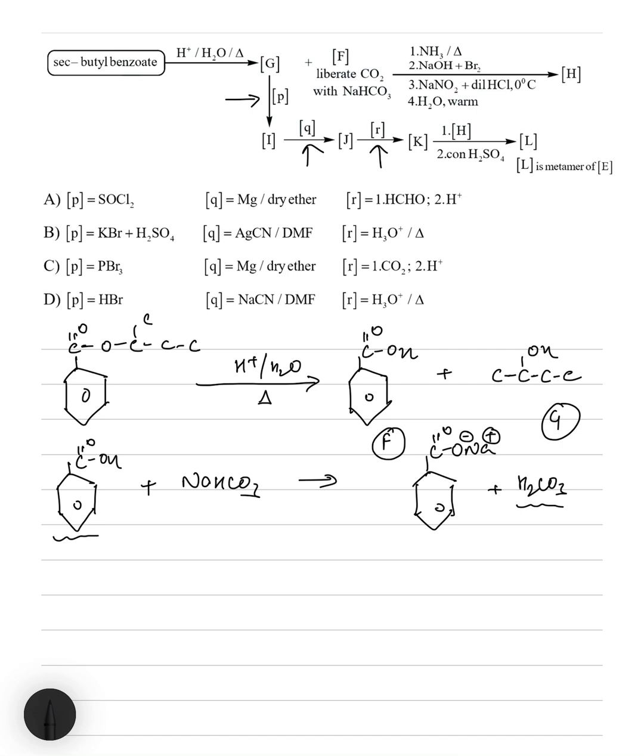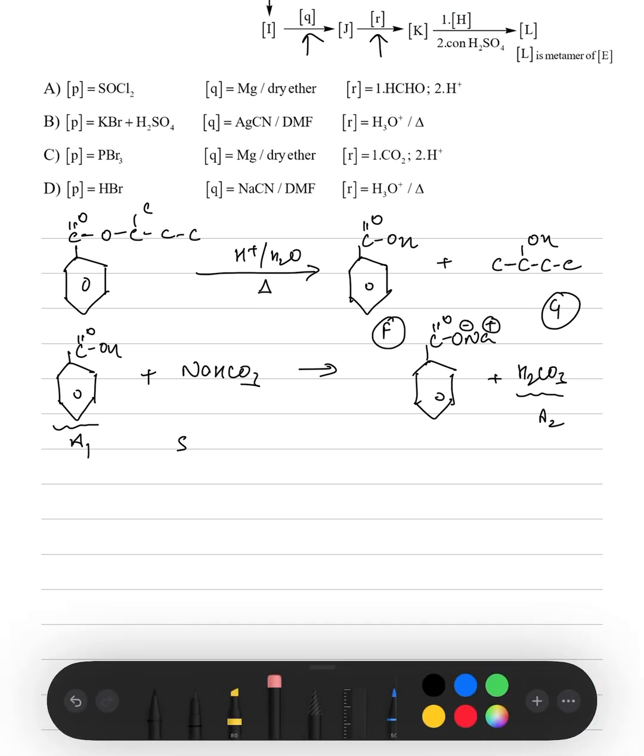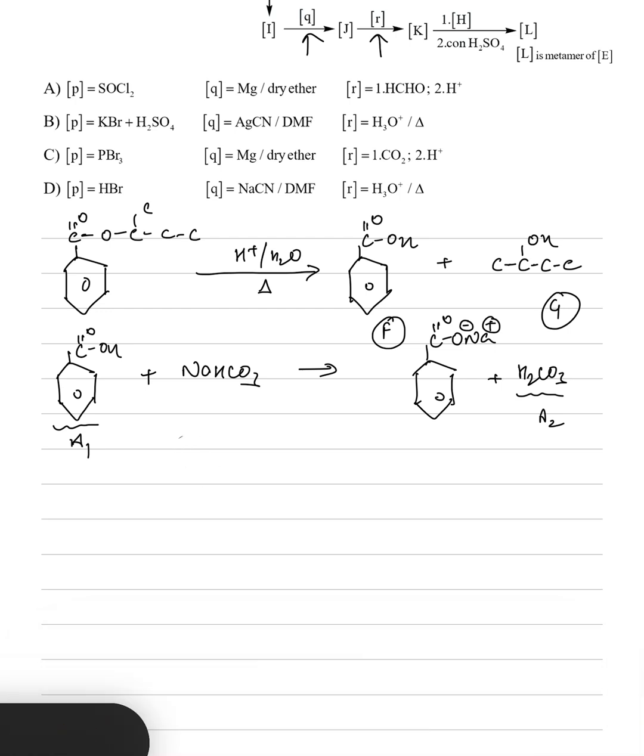Whenever the acid formed on the product side, let's say this is acid A2, this is acid A1, is weaker as compared to the acid formed on the reactant side, right? Or we can compare the strength of acids based upon their pK value.